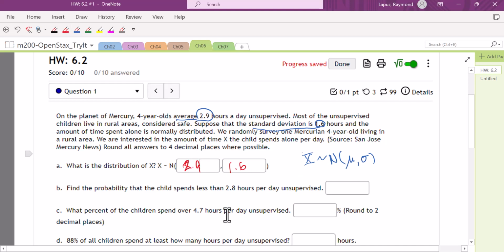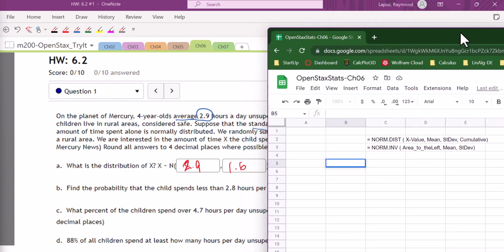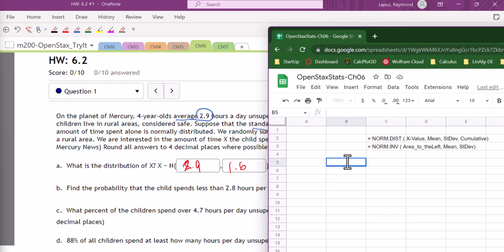All right. The next one, they want us to find the probability that a child spends less than 2.8 hours per day unsupervised. So here is when we're going to need some sort of technology, and the technology preferred is going to be Google Sheets. So let's bring in Google Sheets here. We are interested in finding out some sort of probability, so maybe we can identify the mean first.